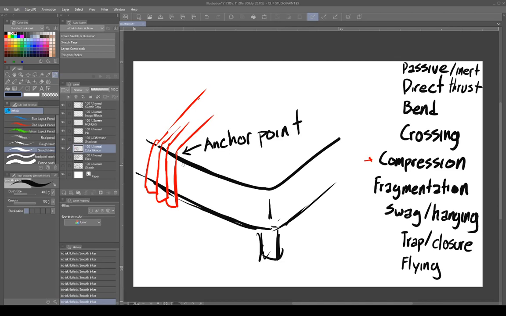Anchor points are basically those areas that are holding the cloth or clothing of some type. We can consider the corner of this bed an anchor point. Everything leading up to this corner is going to be supported by the mattress, and everything hanging off it is just going to be subject to whatever gravity tells it to do.